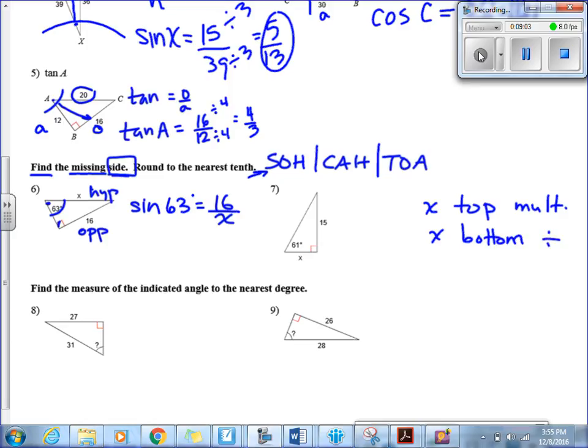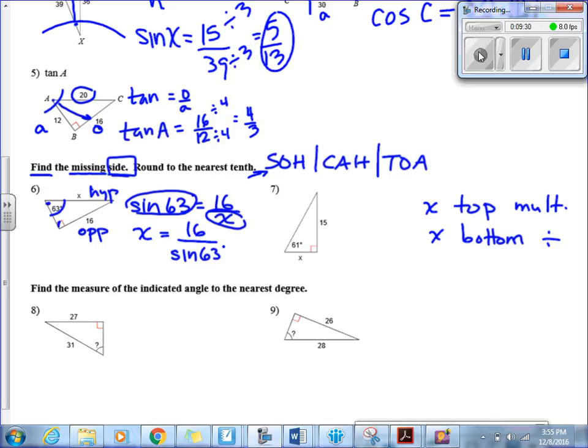Okay, so that's just a little hint, a little trick that we use. And so here x is on the bottom, so I should say switch and divide, because we're going to exchange these 2. They're going to exchange positions, so you're going to end up with x equals 16 divided by the sine of 63 degrees. And you type it in just like that, in that same order.